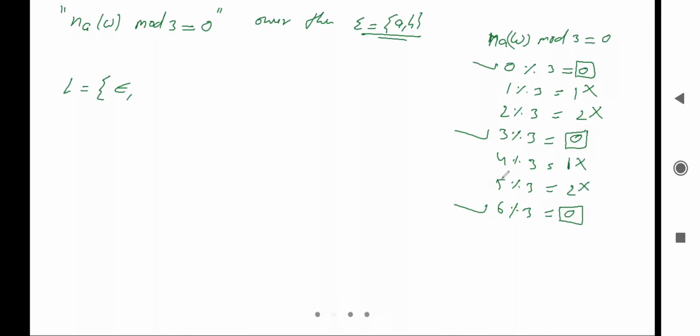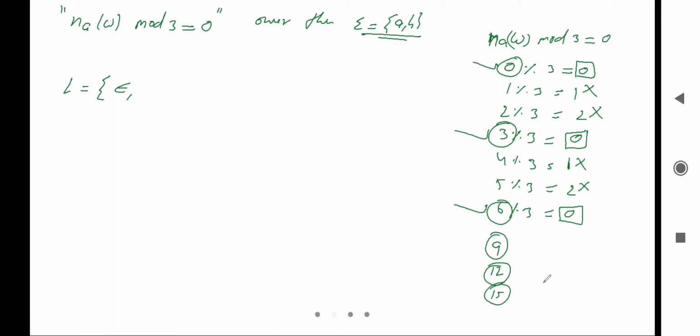So there can be 0 number of a, 3 number of a, 6 number of a, and if you observe this pattern, there can be 9 number of a, after that 12, and 15 number of a, and so on.